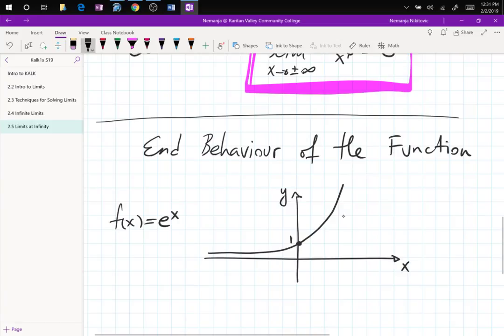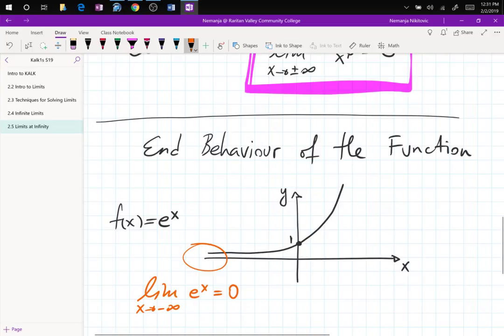And what do we have? Well, on this side, let's go orange. Over here, we have limit as x goes to negative infinity of e to the x is equal to 0. We established that already.